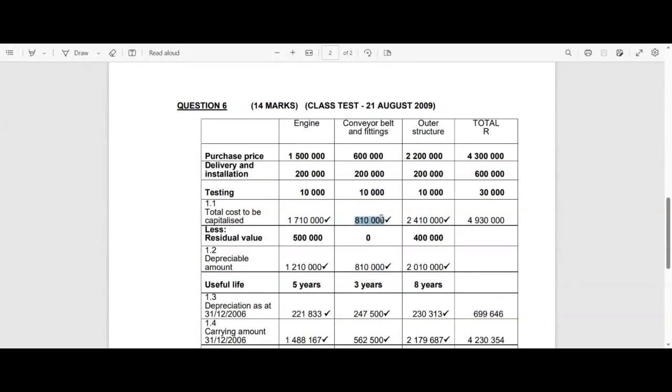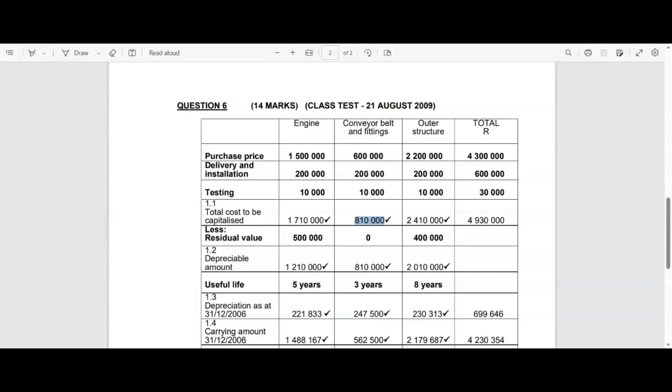Right. So we're going to allocate those accounts that we originally recorded as delivery and installation. We're going to now take it out of delivery and installation.